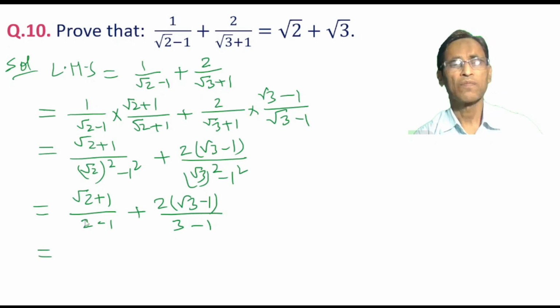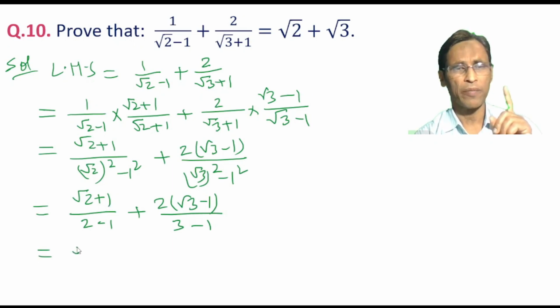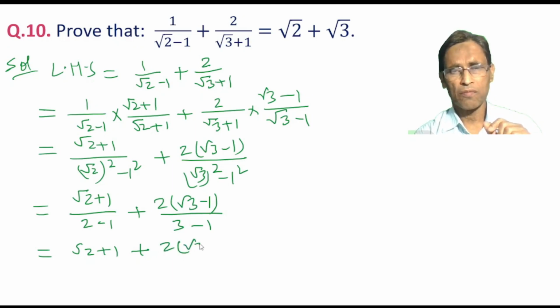In the next step, root 2 plus 1 will remain root 2 plus 1. 2 minus 1 in denominator gives 1 and 1 in denominator is not mentioned. So it will only be root 2 plus 1. Now for the second term, 2 times under root 3 minus 1. In the denominator, 3 minus 1 gives 2 and we write it here 2.